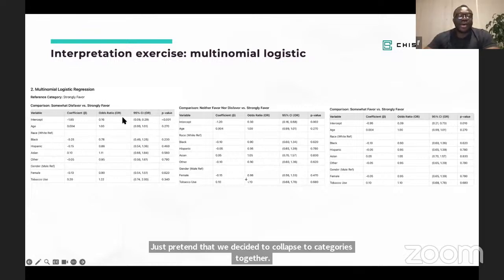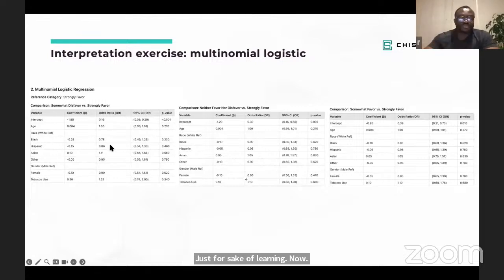Now, how do we interpret this result here? Remember, strongly favor is the reference group, and we are now comparing each of the other categories against strongly favor, right? So this table is comparing somewhat disfavor against strongly favor.